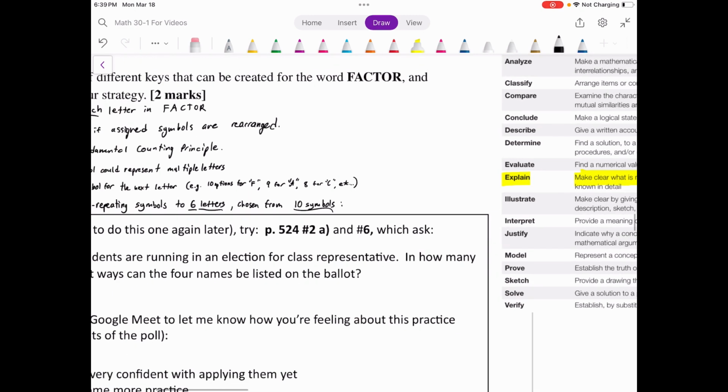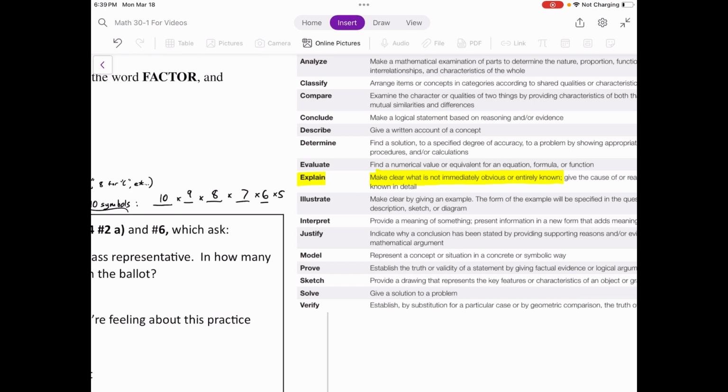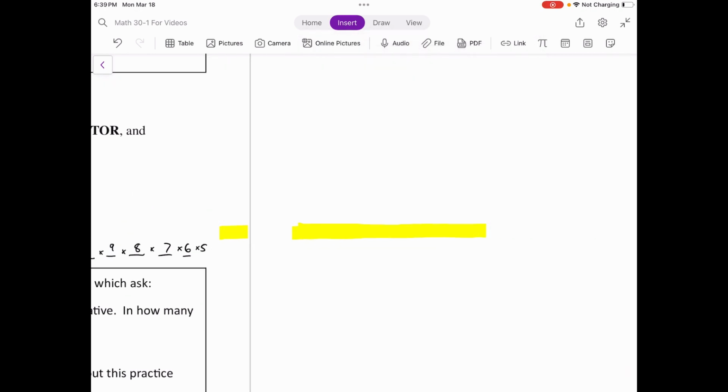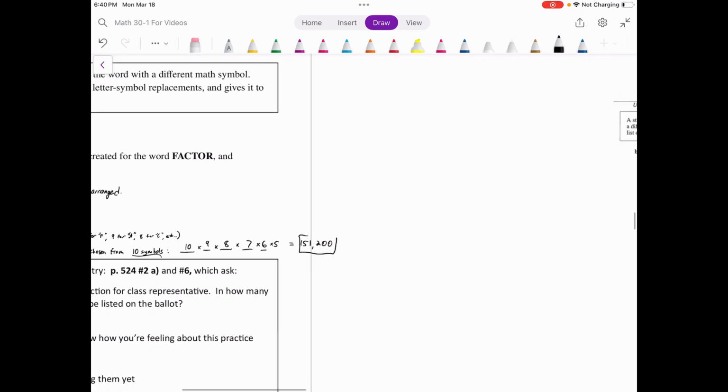And now I can go ahead and say we'd have 10 options for the first letter, 9 for the second, 8 for the third, 7 for the fourth, 6 for the fifth, and 5 for the 6th and final letter that we need to encode, okay? And therefore, we would get 151,200, okay? And a little sentence here to explain what that answer actually means never hurts either.